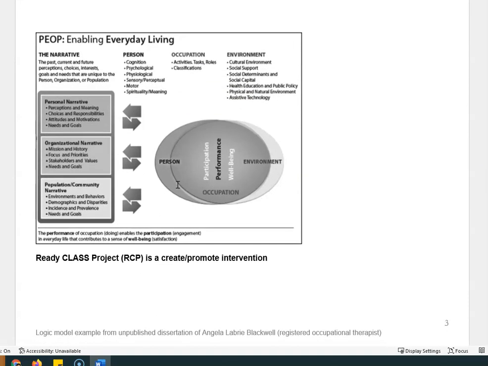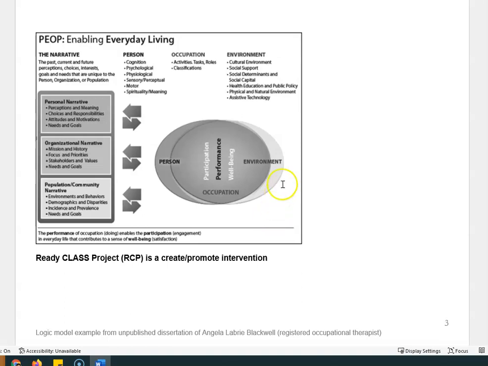So before we move on, let's think about theory. I used PEOP in the conceptualization of my project, looking at the person, their environment, and their occupation, and how that impacts performance, participation, and well-being. So the Ready Class project is a create, promote intervention. I was focused on all the children in an entire classroom without regard for any disability.